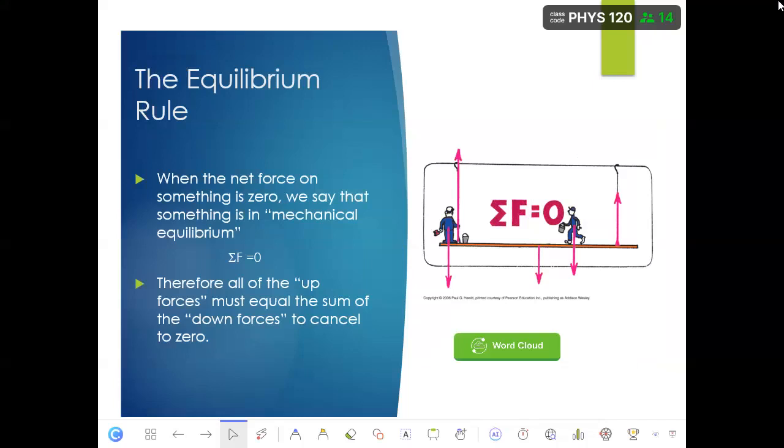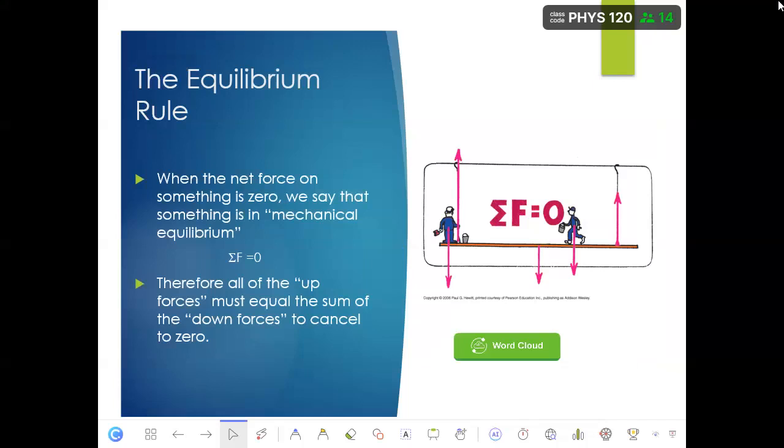We are in the class, yes? The class is not moving, but we are particles inside the class when we are moving. The class itself is in equilibrium, but the particles inside the class which are moving are not in equilibrium. See how it depends on how you define your system. It is important. So when we have a system, for instance, in this picture, we have two persons on a level.